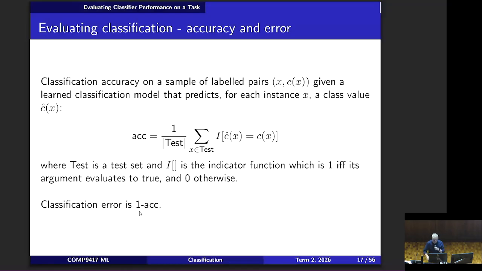However, there are some things worth noting. I didn't say anything about what the classifications were here. They're just outputs, C hat versus C: outputs of the model versus labels. But what we may be interested in is finer grain information about where classification gets it right and where it doesn't.